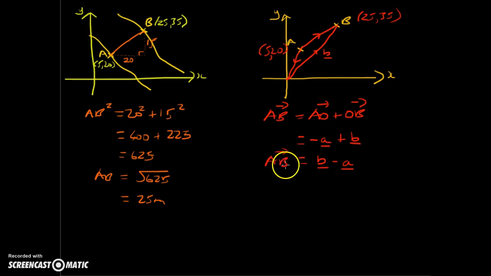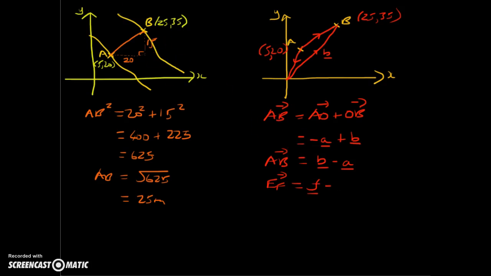And whenever you're asked for a vector, say A to B, or let's say E to F, you always take the last letter, in this case F, subtract the first letter. Back up here, last letter, position vector b, subtract first letter, position vector a.